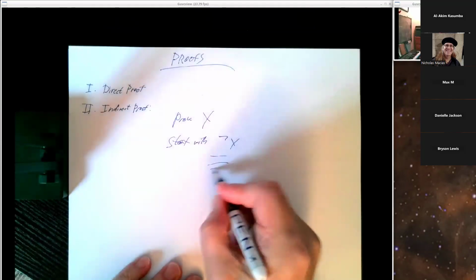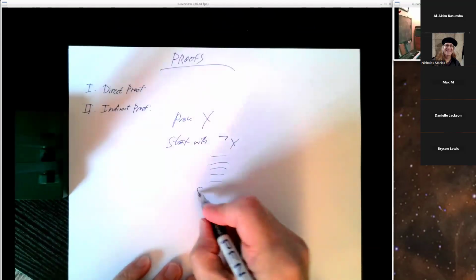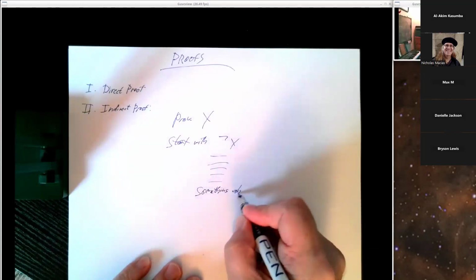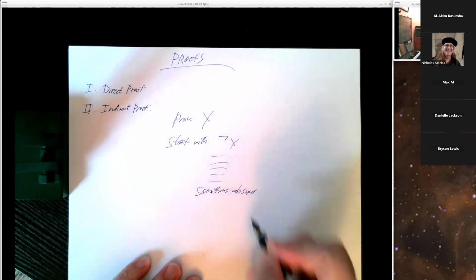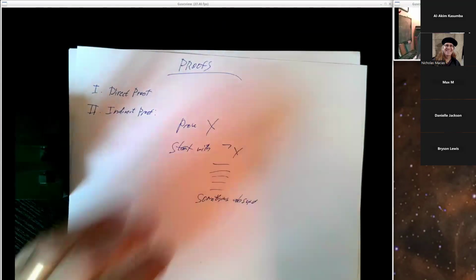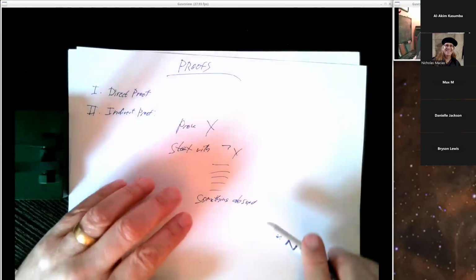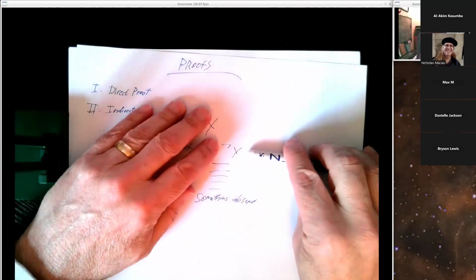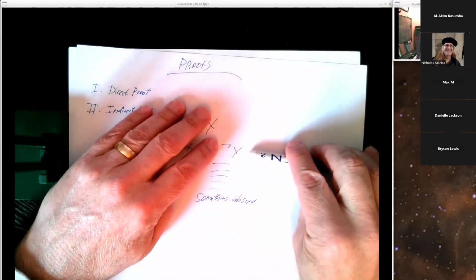And then we go ahead and we make a proof, and we come up with something absurd. Two equals 3. Well, if we can start with not X, then we can prove something absurd, like 2 equals 3. From that, we can conclude X must be true.